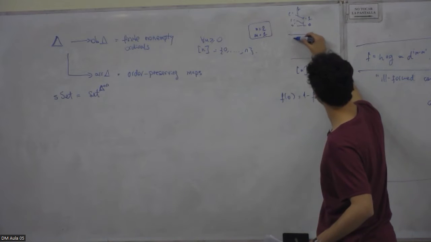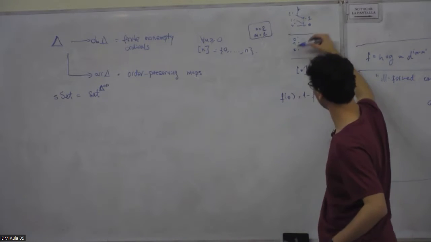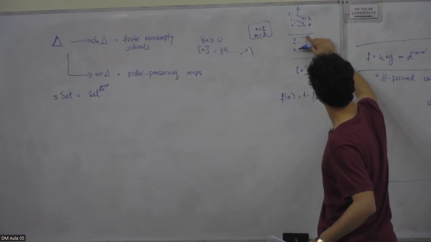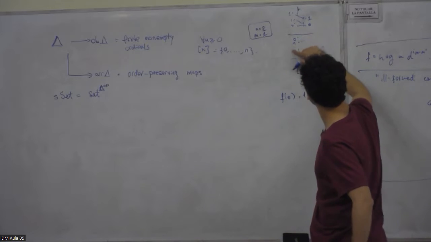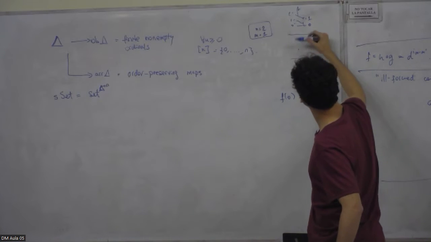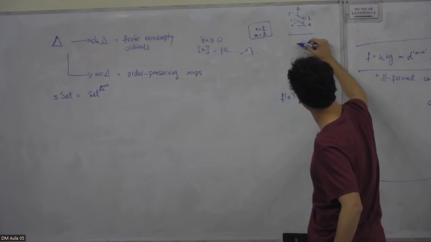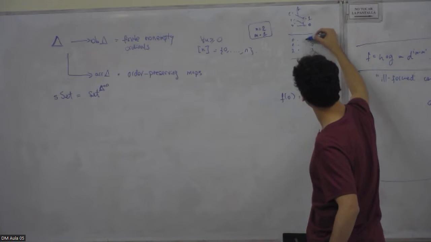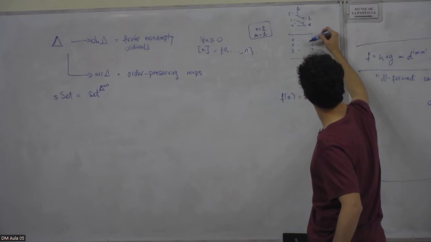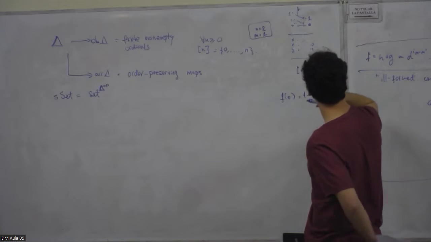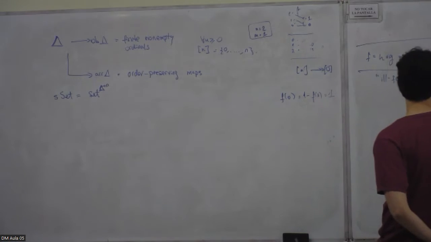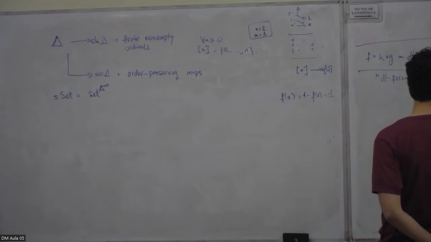So 0 goes to 1. Let's do it downward like you suggested. What I have in mind actually is this. You just switch the labels. 0 cannot go to 1, so I did something wrong, I think.